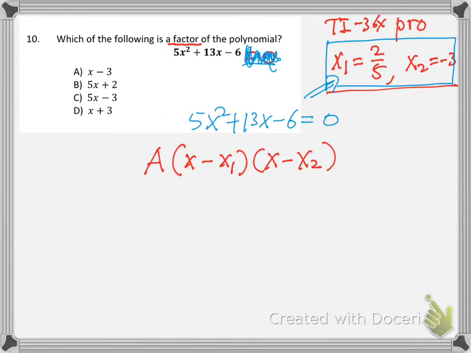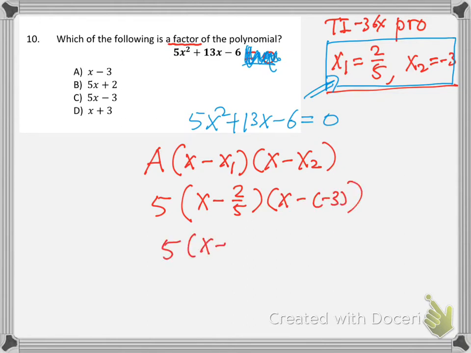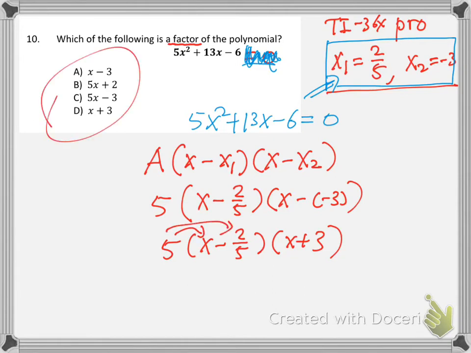Okay, so what is a? a is 5, x1 is 2 over 5, x2 is negative 3. So what do we have? We have 5(x minus 2 over 5)(x plus 3). So distribute 5 to cancel the denominator, right? In ABCD, there's no denominator, only integers.